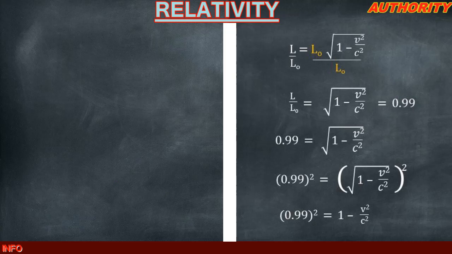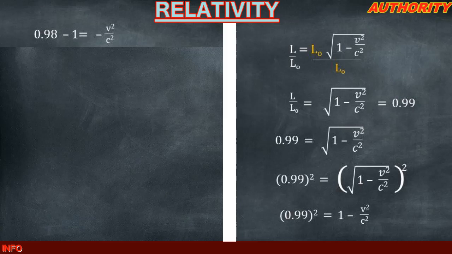Yes. So 0.99 squared is 0.98. And then let's take 1 from the other side to the left hand side. That means we're going to have 0.98 minus 1 equal to minus v squared over c squared.